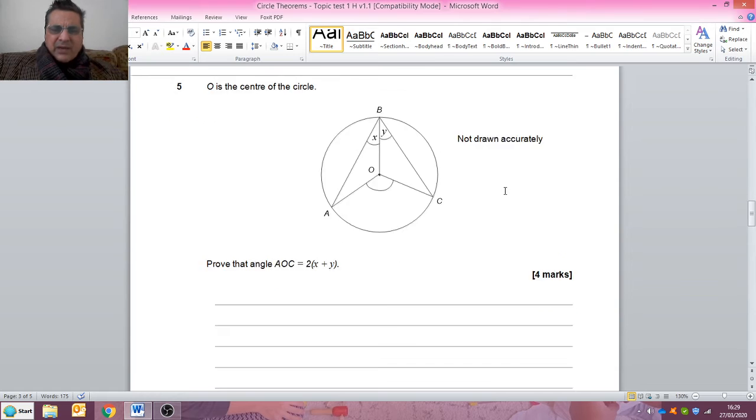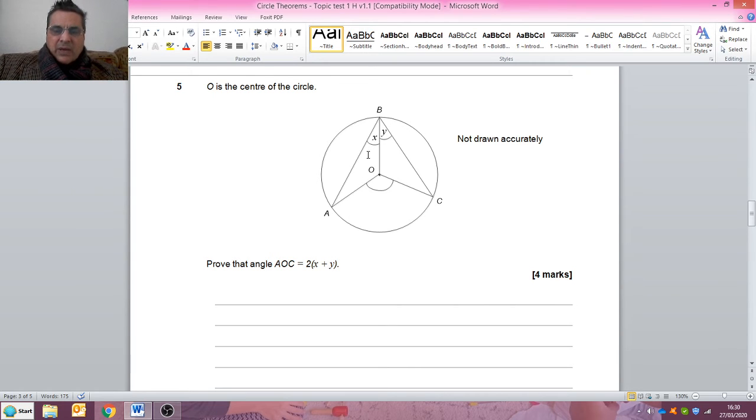What's this? So this is a grade 9 proof. That's a radius. That's a radius. That's a radius. If that is x, that is x. If that is y, that is y. Therefore, angle BOC must be 180 take away 2y. You should write that down. And angle BOA must be 180 take away 2x, okay?